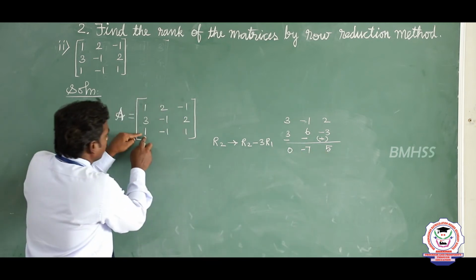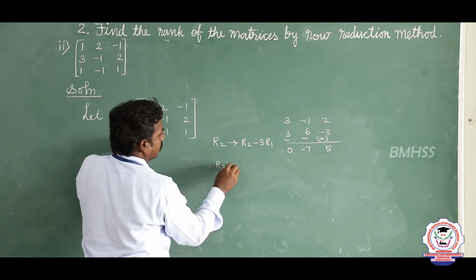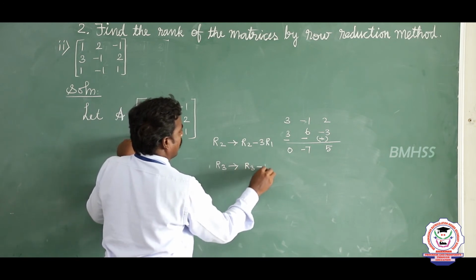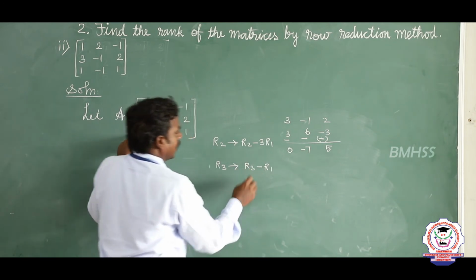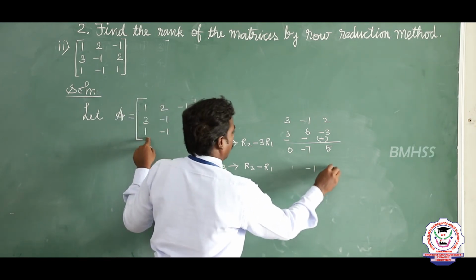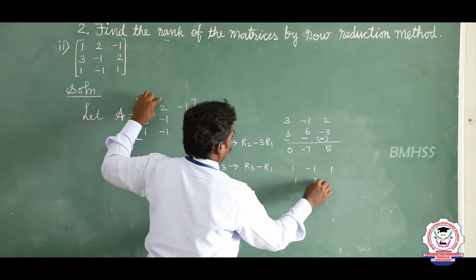In the third row there is 1, and in the first row also 1. So in R3 I am going to make changes: R3 minus R1. The R3 elements are 1, minus 1, 1 and the R1 elements are 1, 2, minus 1.